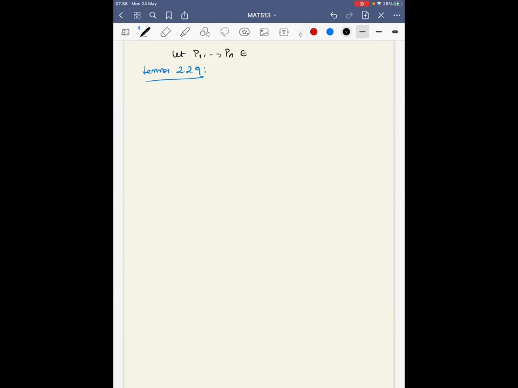regarding our setting. That means if we are given n pairwise distinct places, we can guarantee the existence of a Weil differential that satisfies these two properties.